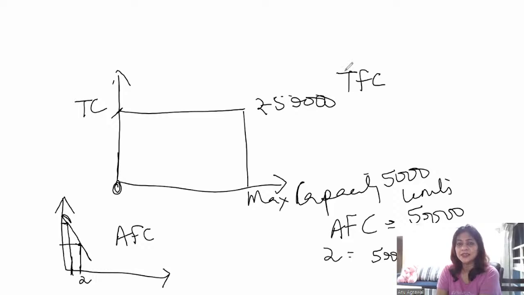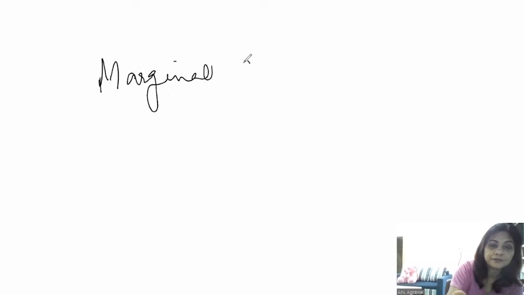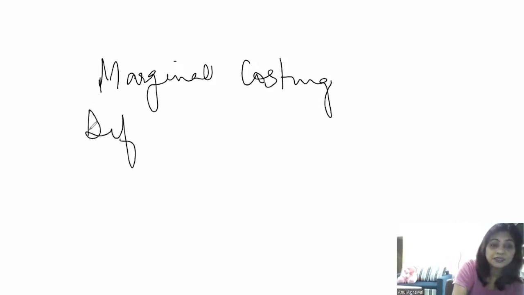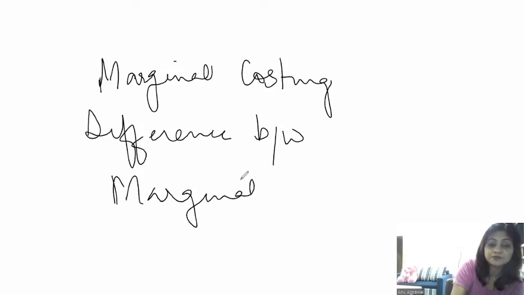Now, this was a reiteration of what all we have studied about variable and fixed. Now, why am I talking about all this today? Because today I am studying about marginal costing. So what is marginal costing? What is the difference between marginal and absorption?